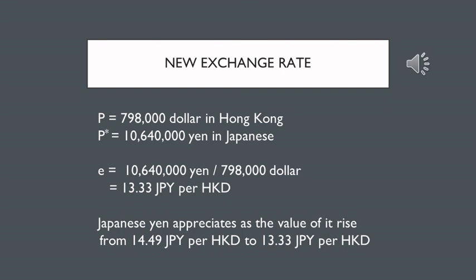The next step, divide P star by P, and the answer is 13.33 Japanese yen per Hong Kong dollar. The Japanese yen appreciates as its value rises from 14.49 Japanese yen per Hong Kong dollar to 13.33 Japanese yen per Hong Kong dollar.